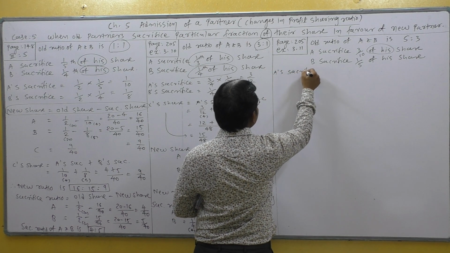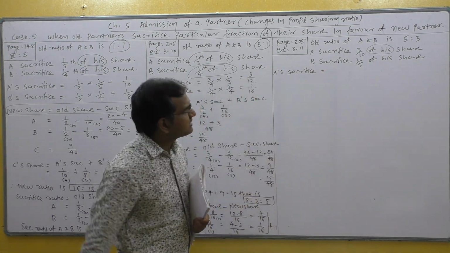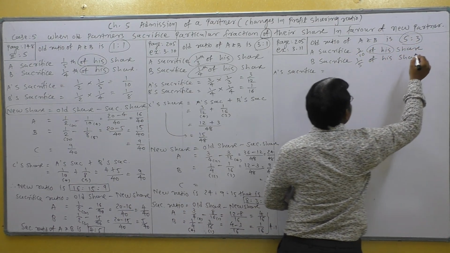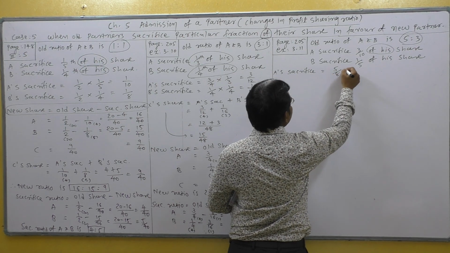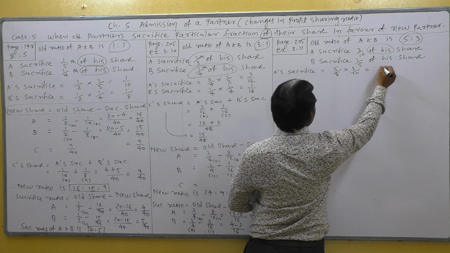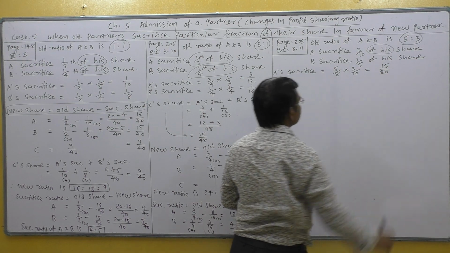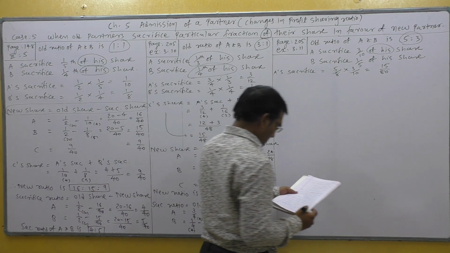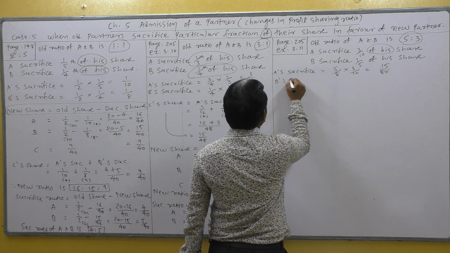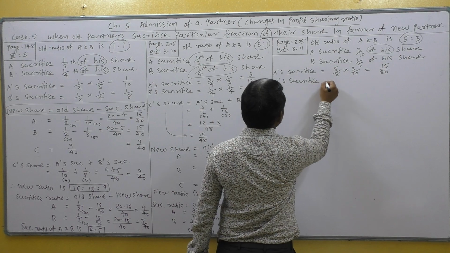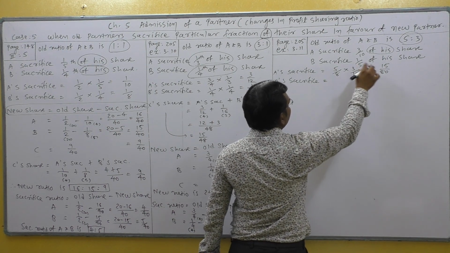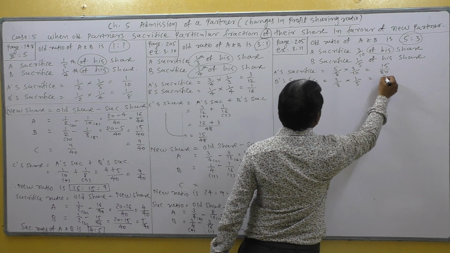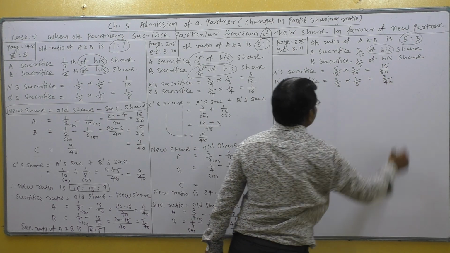A sacrifice is 3 by 10 of his share. What is A's share? 5 by 8 into 3 by 10 is equal to 15 by 80. A sacrifices 15 by 80, right? Now B sacrifice is equal to 1/5 of his share. His share is 3 by 8 into 1/5, that is 3 by 40, right?